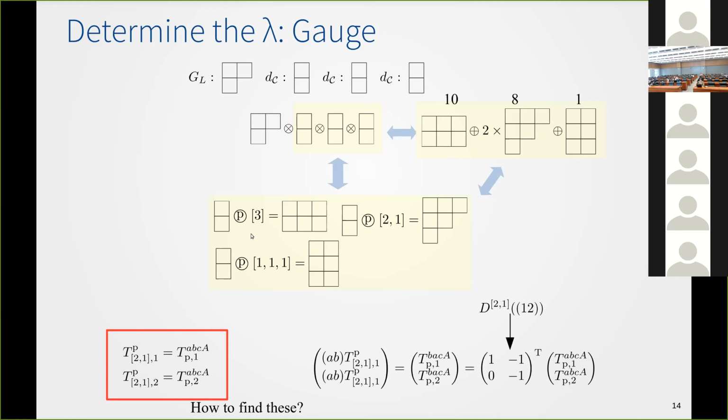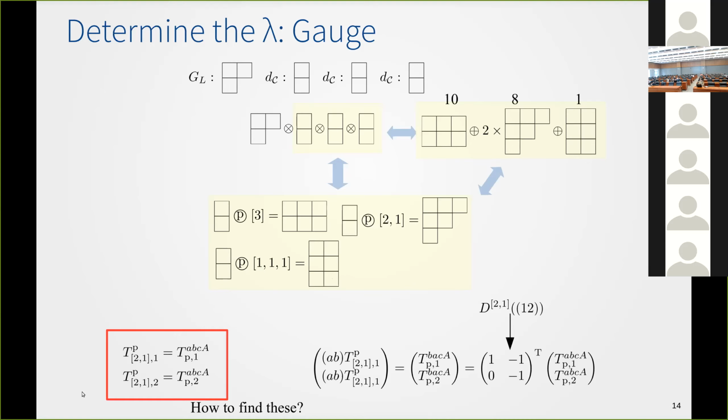And the platinum just tells you that the 10 representation is totally symmetric, and the 2 8 representations are organized in a 2 1 irreducible representation under the S3 group, and the singlet representation is totally anti-symmetric in the S3 group sense. So then you know that we should have 2 gauge factors that can be organized in the 2 1 representation of the S3 group.